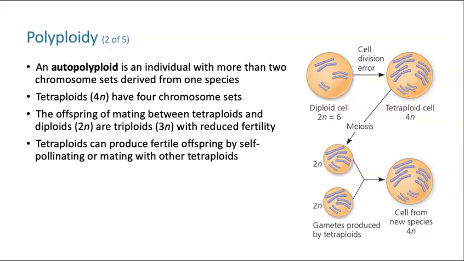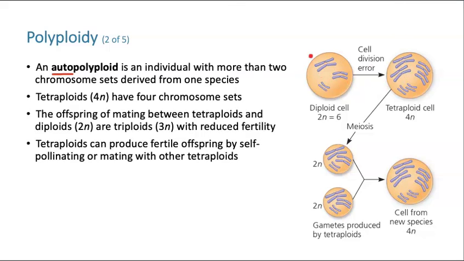So I've just stepped you through a very specific type of polyploidy called autopolyploidy. And yes, you do need to know this term. Auto means self. So with autopolyploidy, you have an individual with more than 2 chromosome sets derived from one single species.